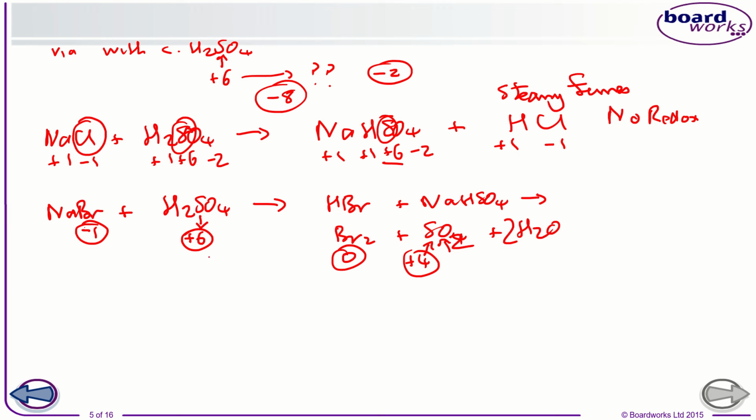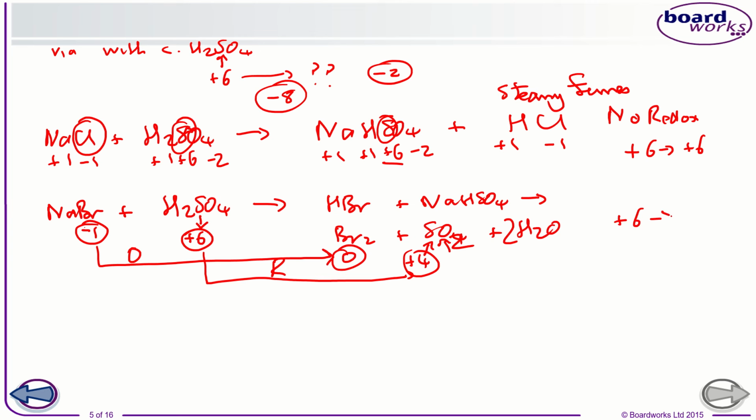So the sulfur has gone from +6 to +4, so it has been reduced. And the only thing that has been oxidized in this equation is the bromide ions to bromine. So therefore the bromide ion in particular is reducing the sulfur from +6 to +4. So up here it was +6, it stayed at +6. Down here it has gone from +6 and the bromide ion has brought it to +4. So there's a bit of reduction going on there.